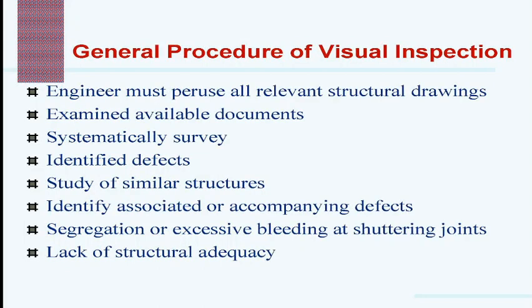Now, the general procedure of visual inspection: before any visual test can be made, the engineer must peruse all relevant structural drawings, plans and elevations, to become familiar with the structure.